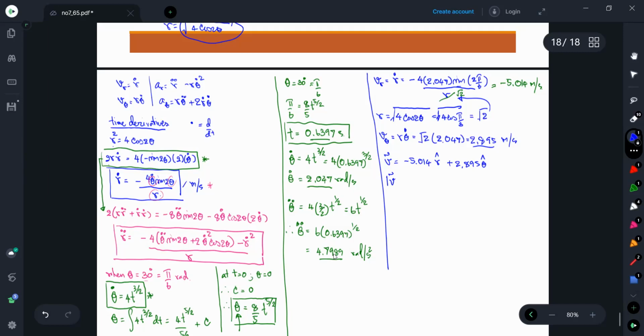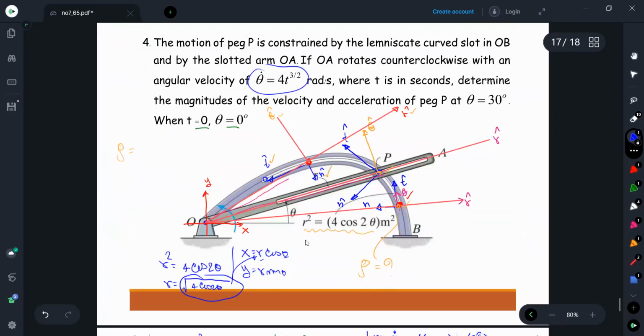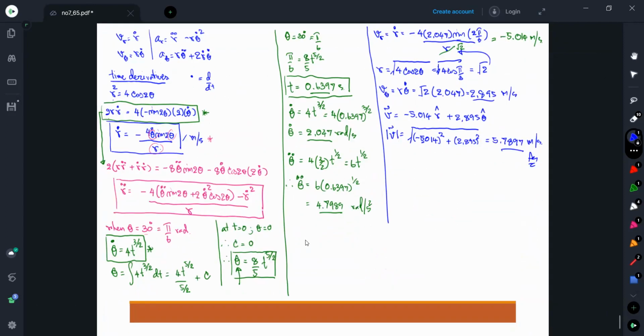The magnitude of velocity becomes the square root of this term. That is our solution here. We would like to find the magnitude of velocity, and then we go back to the acceleration.